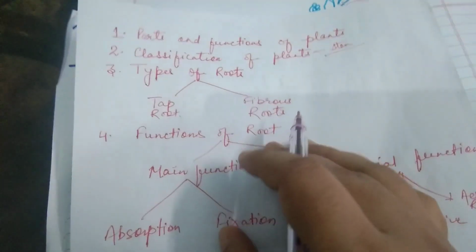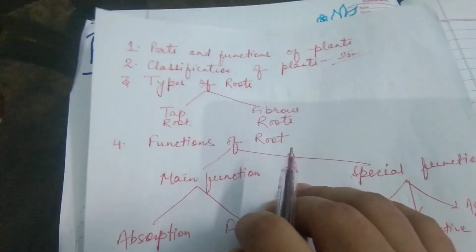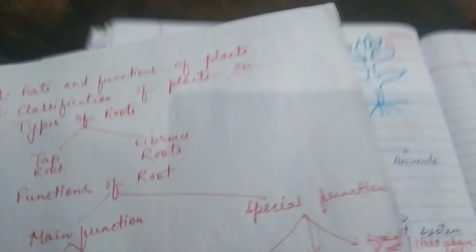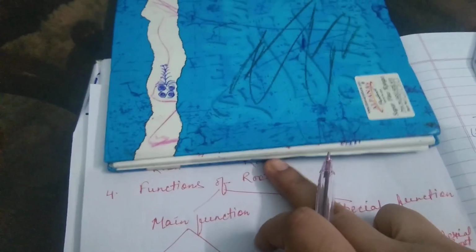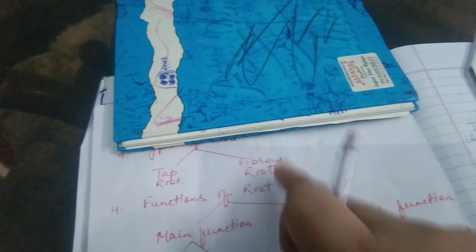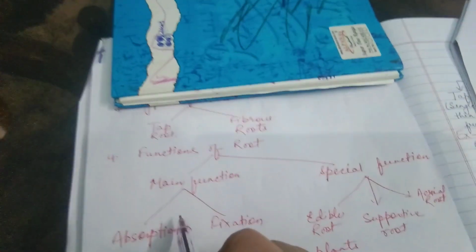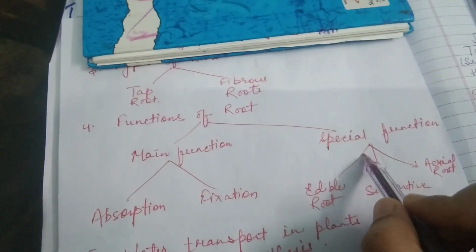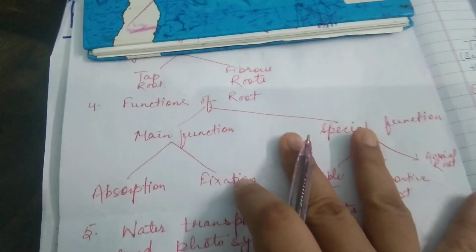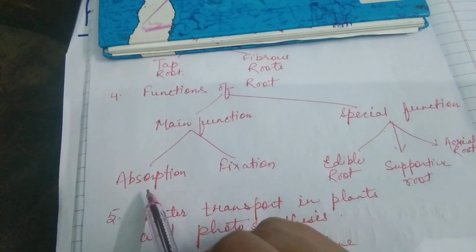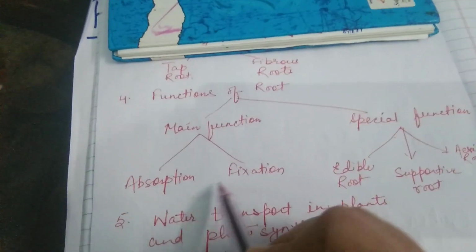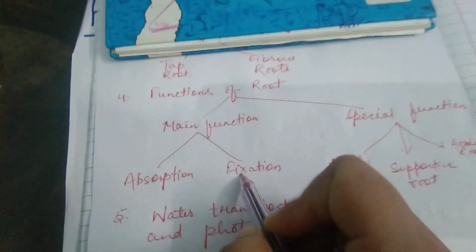Then we have studied about functions of roots, under which we have dealt with the main functions of roots and special functions of roots. The main functions of roots comprise absorption and fixation.